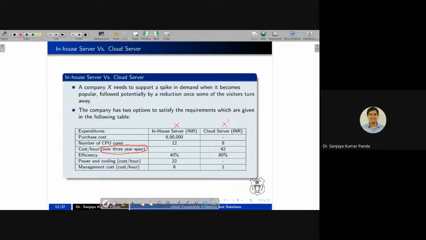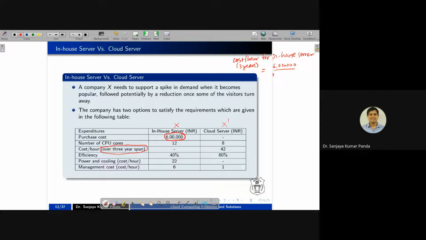Okay. So if we want to find the cost per hour for an in-house server for a period of 3 years, it is equal to 6 lakh, right? 6 lakh is the cost we have spent to purchase a server over 3 years.